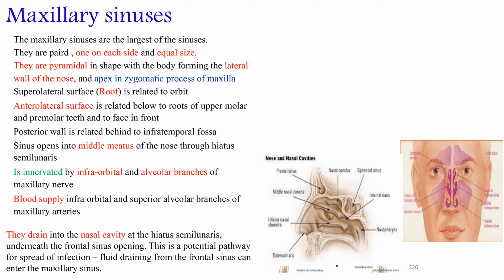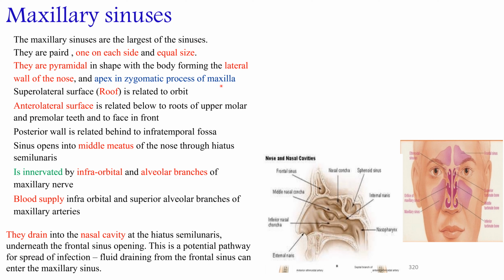The maxillary sinus is the biggest sinus and is like a pyramid. The base is the wall of the nose and the apex is toward the zygomatic process of the maxilla. This is from the lateral side.